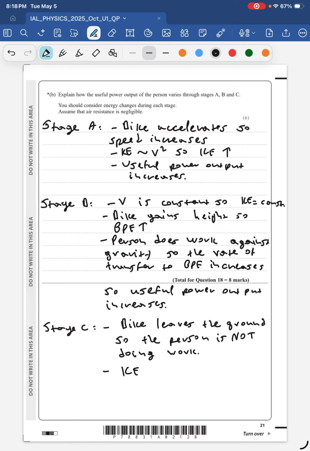So the kinetic energy decreases because eventually it stops, right? So kinetic energy decreases, so GPE increases, okay. But useful power output is 0. And this is because the person is not doing anything. He's just in the air, right?